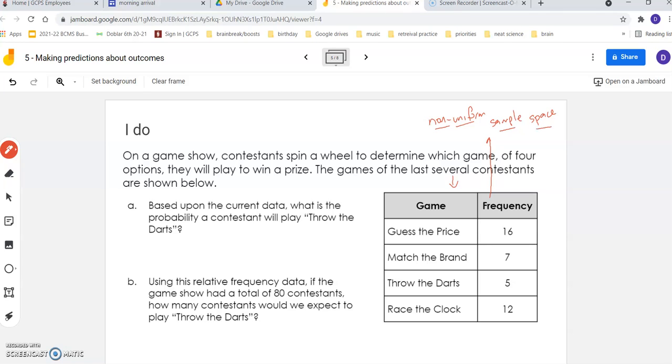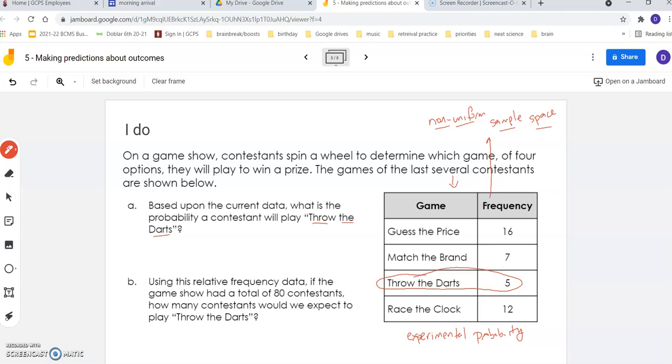So what's the probability a contestant will play Throw the Darts? So that's this game right here. And again, we're talking about experimental probability today. This actually happened, right? Somebody watched this show and counted how many times each person played, counted the frequency. So we're talking about real probability, not theoretical probability. This happened.